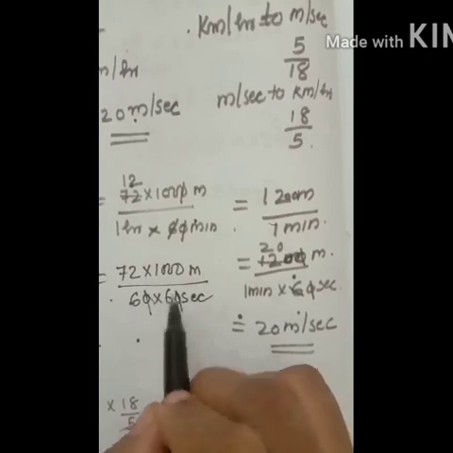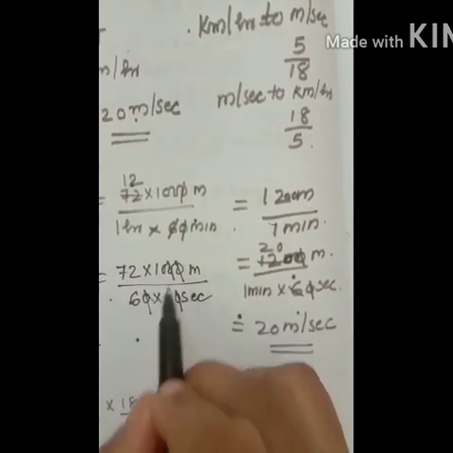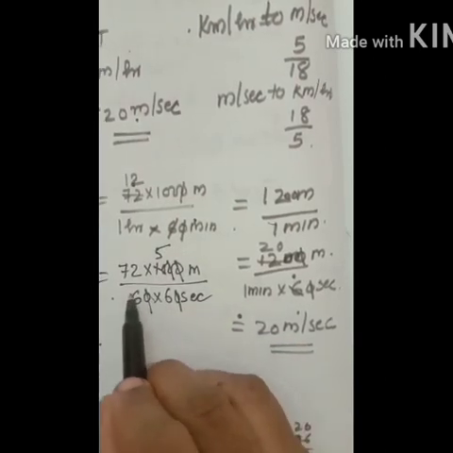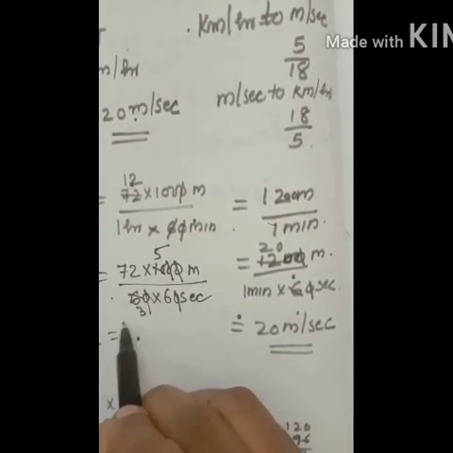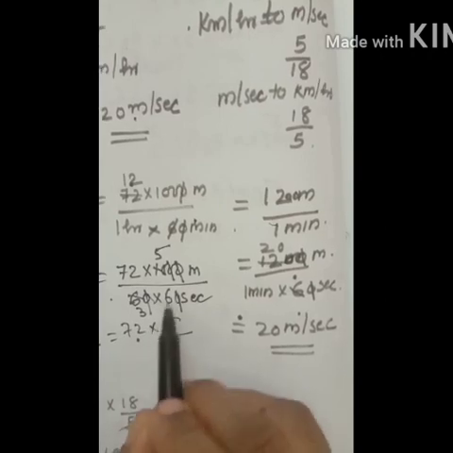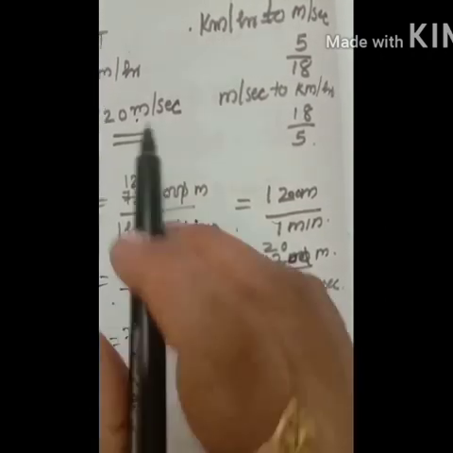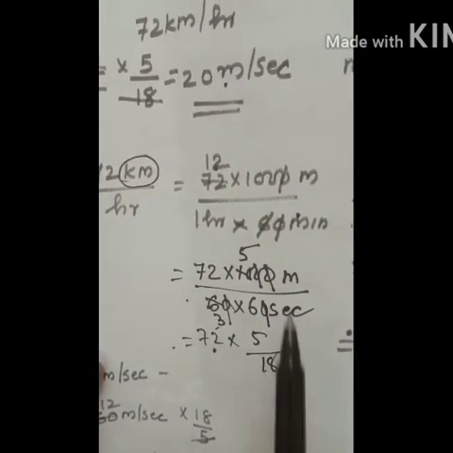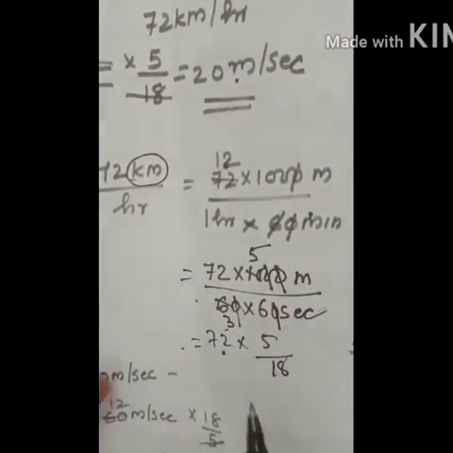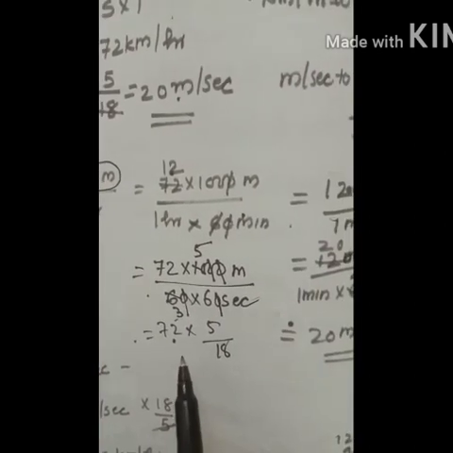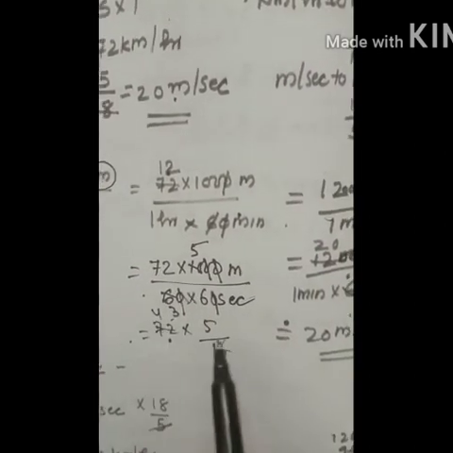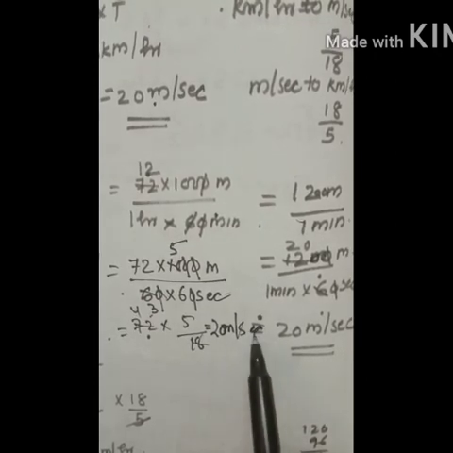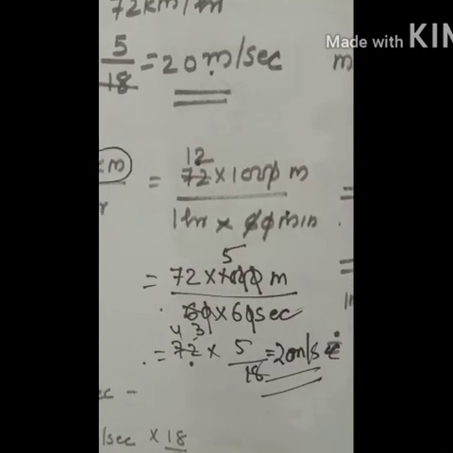After that you cut out. 72 into 5 by 18. You get to this number or not? It is better not to do this much calculation. You can directly multiply. Okay. You will get 20 meter per second. Clear children?